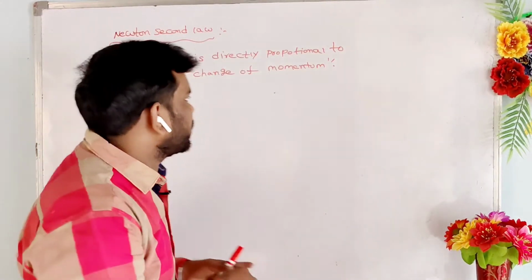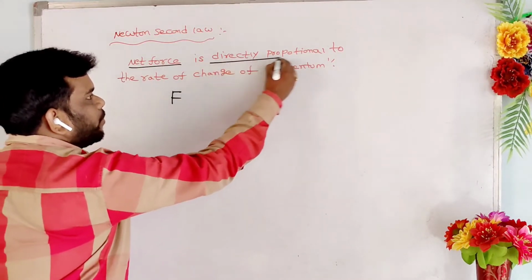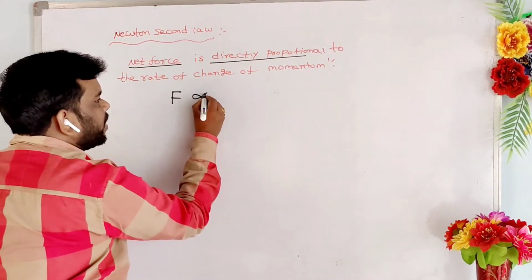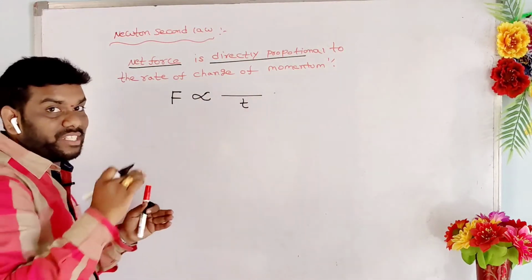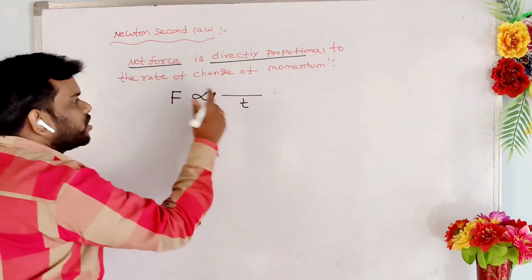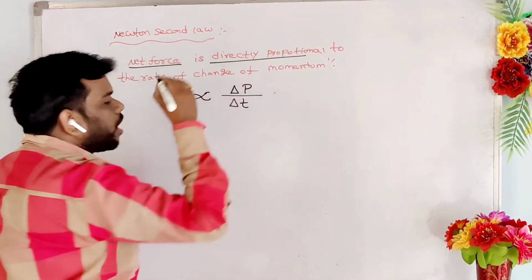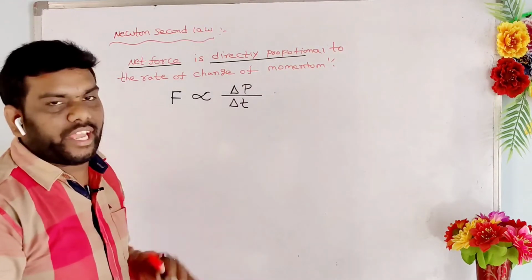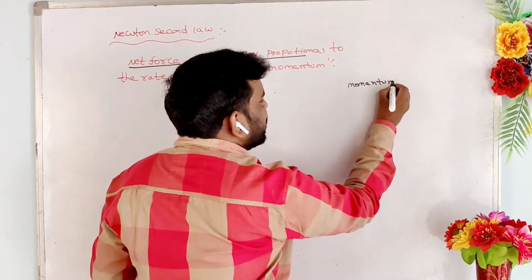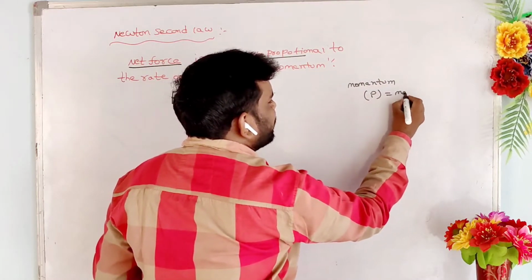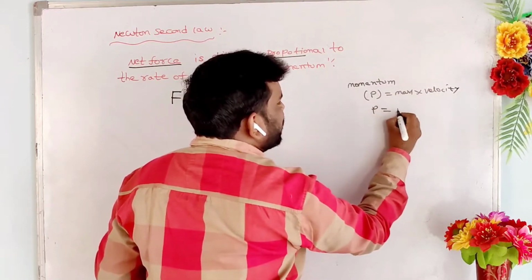What is net force? Net force F is directly proportional to the rate of change of momentum. Rate means divide by time, change means delta, and momentum is the symbol P. Already I told you in the last previous class, momentum is equal to mass into velocity, so P is equal to mv.